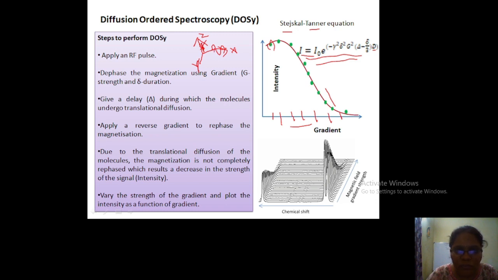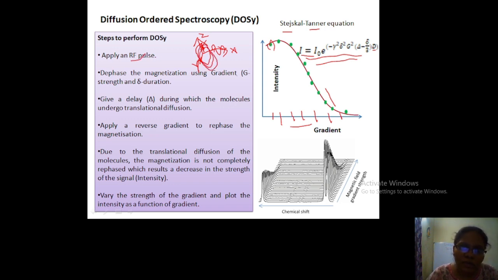If you apply a pulse along the x axis, it will tilt the magnetization vector from z to y. So if you apply a 90-degree pulse, it will tilt the magnetization vector from Z to Y.